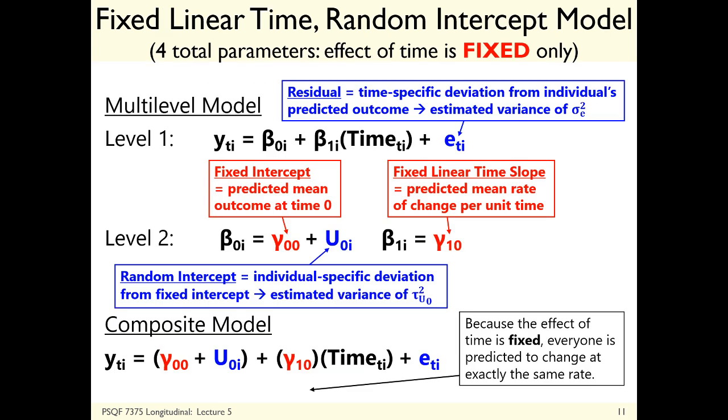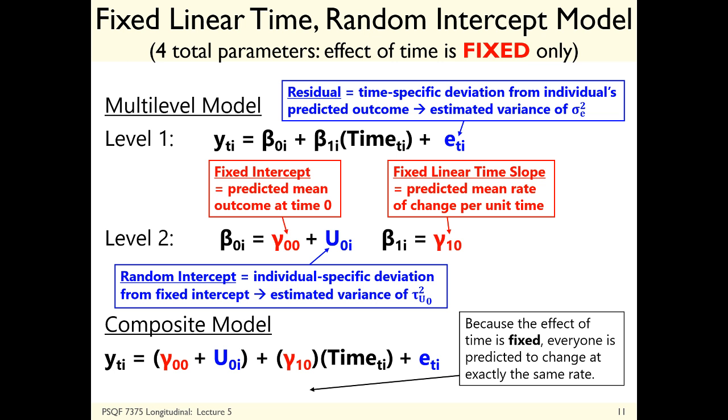Okay. So then we looked at a model adding a fixed effect of time, where we pick up 2 beta placeholders in level 1: how each person gets their own intercept, and how each person gets their own slope. Because there are 2 beta placeholders in level 1, there are 2 level 2 equations. At this point so far, beta 1 is defined only by a fixed slope.